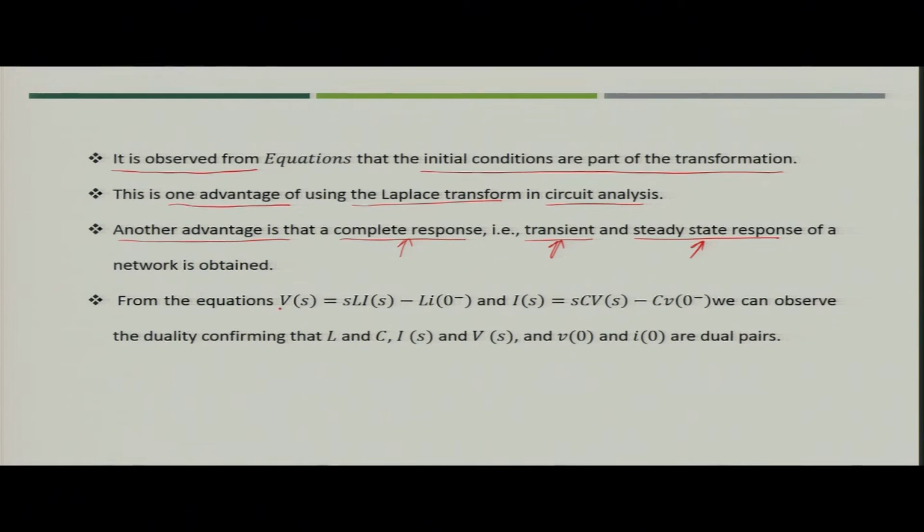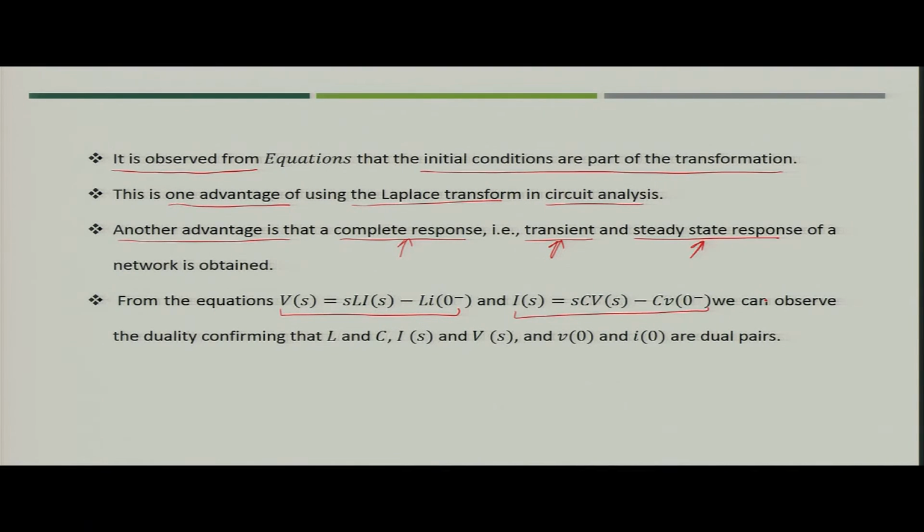Now, if you look closely at these two equations, that is V(s) equal to sL I(s) minus L i at time t equal to 0, and I(s) equal to s C V(s) minus C v at time t equal to 0, this one is for the inductor and this one is for the capacitor.